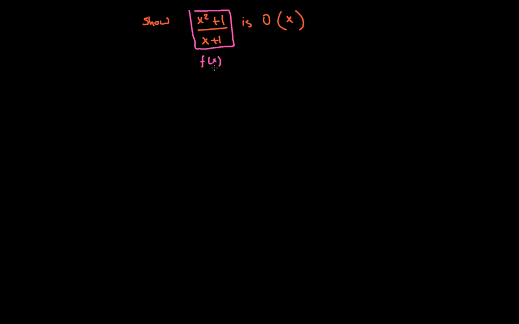When you feed it some problem size x as input, you're measuring f of x, and f of x could be the number of steps of your algorithm. It could be the time taken for the algorithm to execute, or it could be the memory consumption.